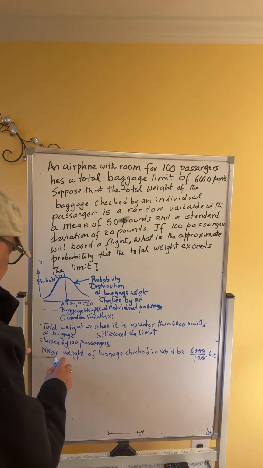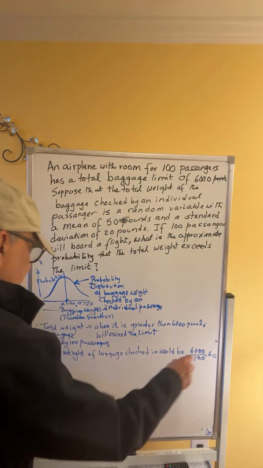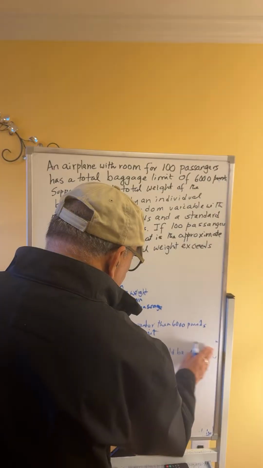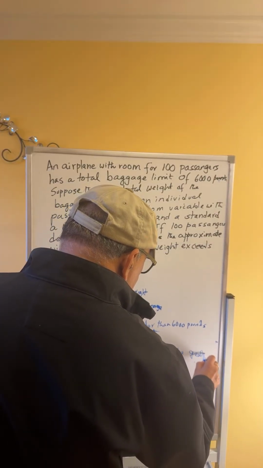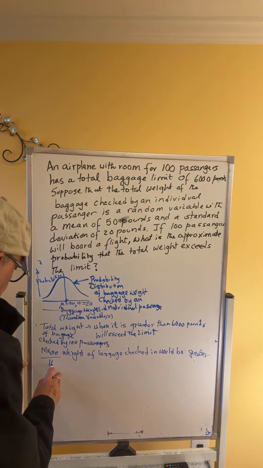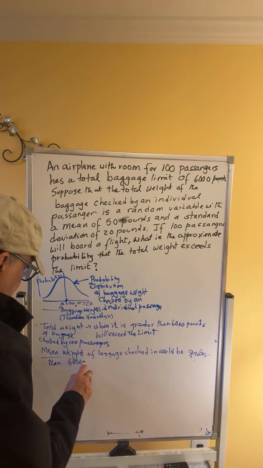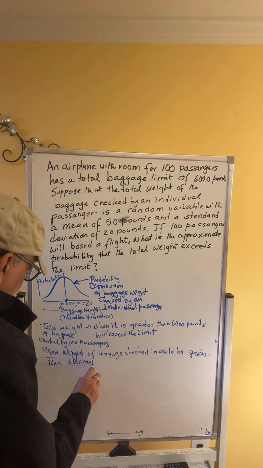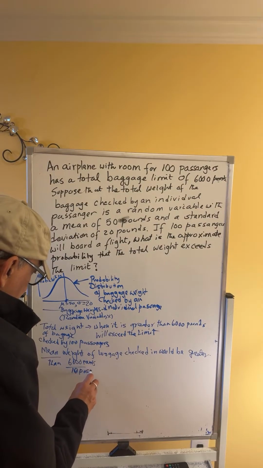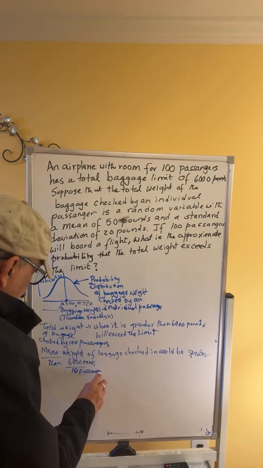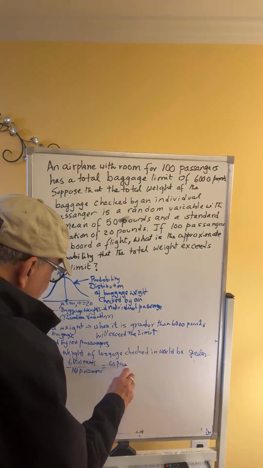So the mean weight of the luggage checked in would be greater than 6,000 pounds divided by 100 passengers, which is equal to 60 pounds per passenger.